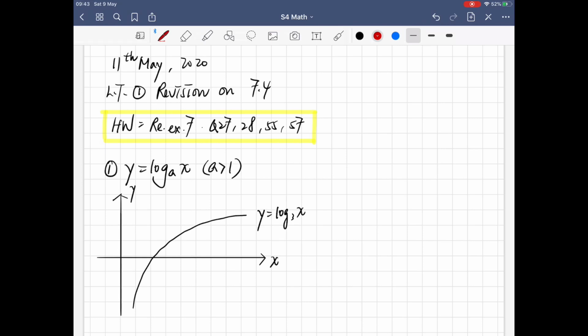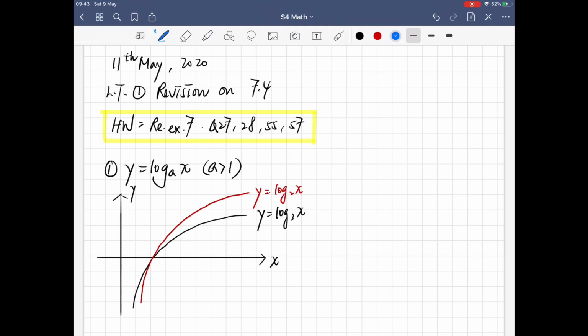If I change the base into a smaller value, let's say 2, the graph will look taller, like this. Let's say y equals log x with base 2.